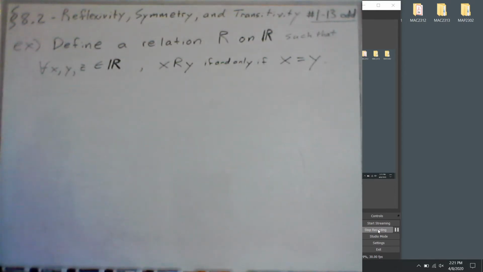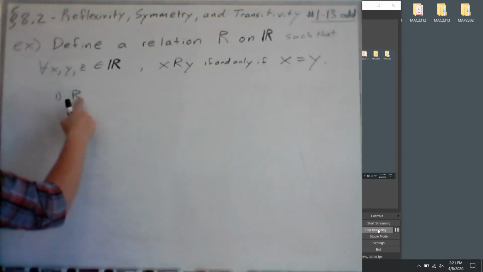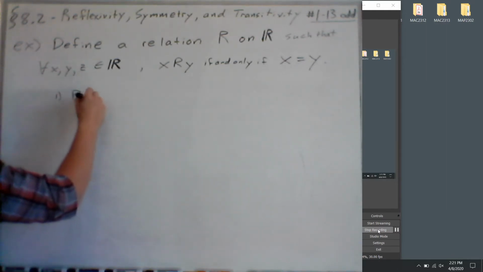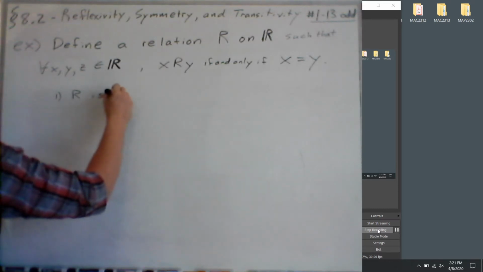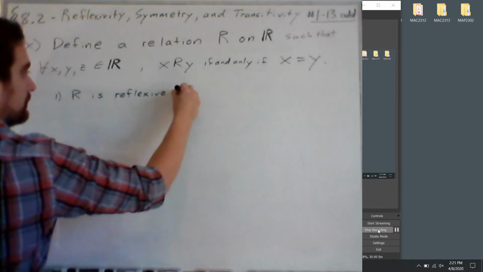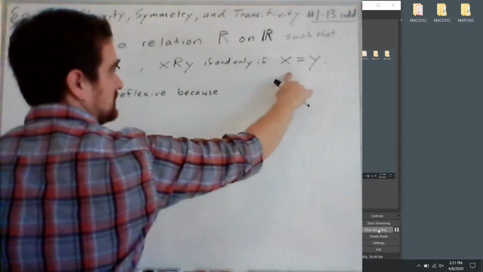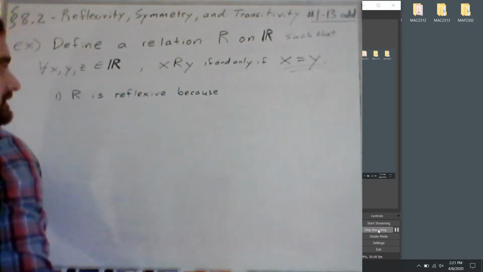The only way two real numbers are equal is if they're the same number. Right? But a nice thing to look at is, first, R, the relation itself, is reflexive, because based on the way that this relation is defined, x equals y.